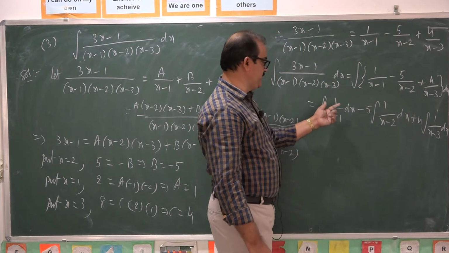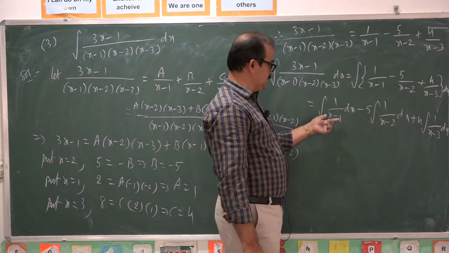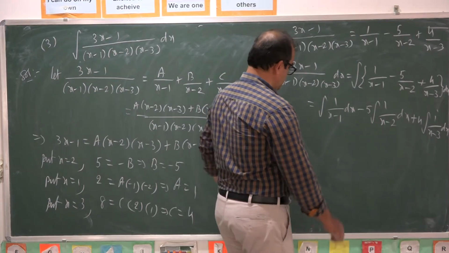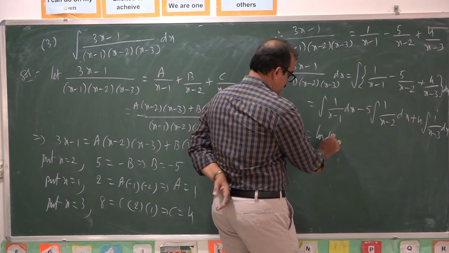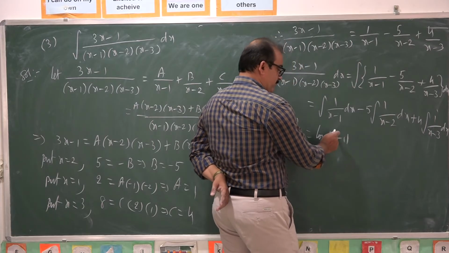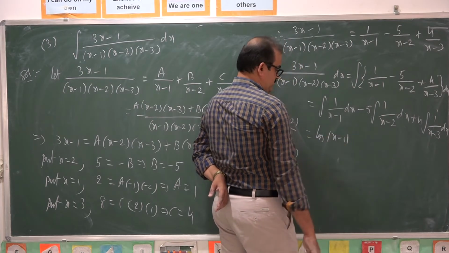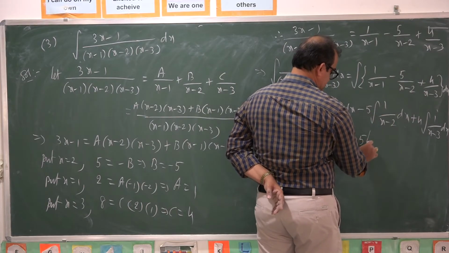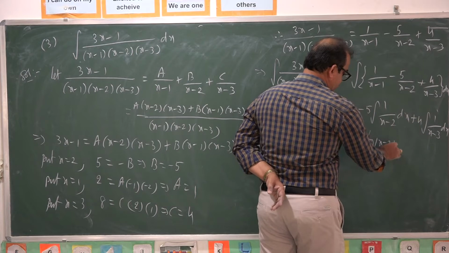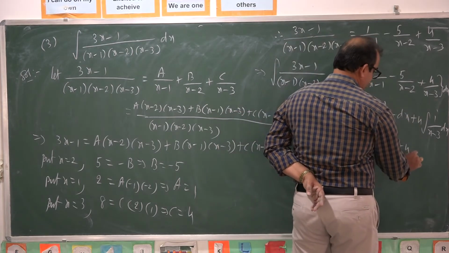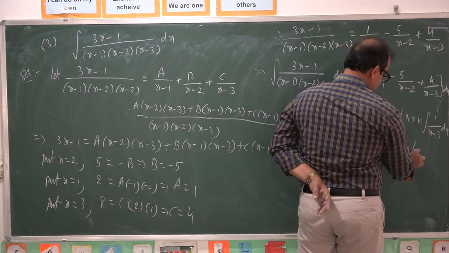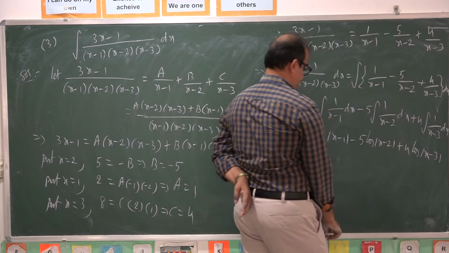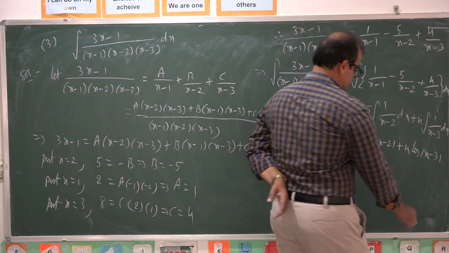It is in the form of integral 1 by x dx. What is the formula of integral 1 by x dx? Log mod x. So here it is log mod (x minus 1), by the derivative of (x minus 1), that is 1, minus 5 into the integral of this, which is log mod (x minus 2), plus 4 into the integral of this, which is log mod (x minus 3), plus C.